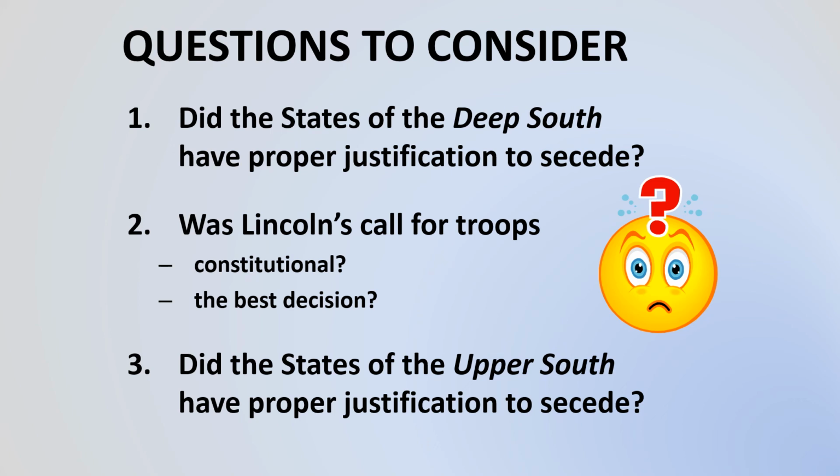Was it the best decision? Was there any other thing that Lincoln could have done at this point in time? Then, after Lincoln did that, did the states of the Upper South have proper justification to secede from the Union? Okay, so you've looked at the reasons for secession. You've looked at Lincoln's reasoning for not allowing secession.